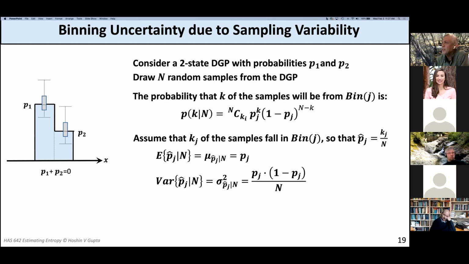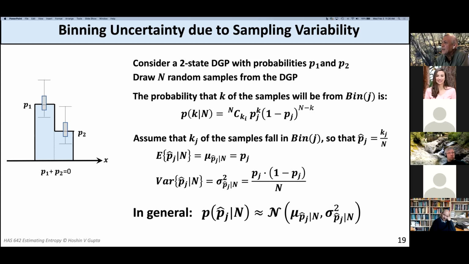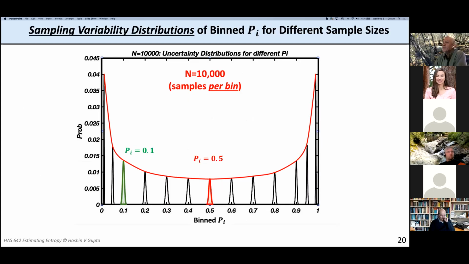It's binomial, standard, divided by n. And in general, people have shown that this can be approximated by a Gaussian distribution, not entirely, but mostly to order n, where the mean is at the true value and the standard deviation is given by that value there, okay? So here's where it gets interesting.